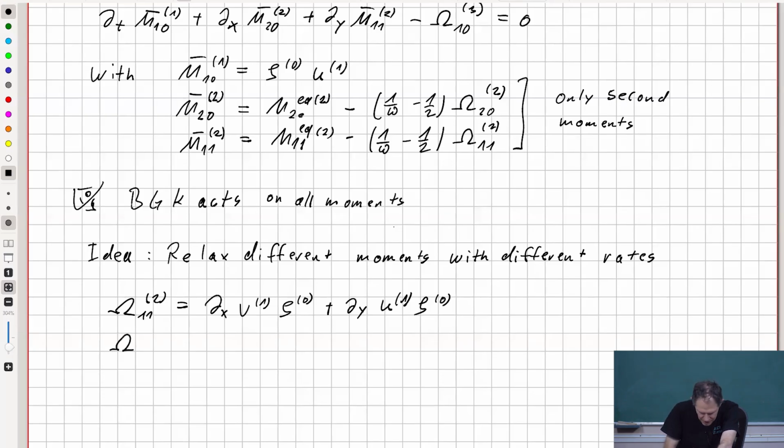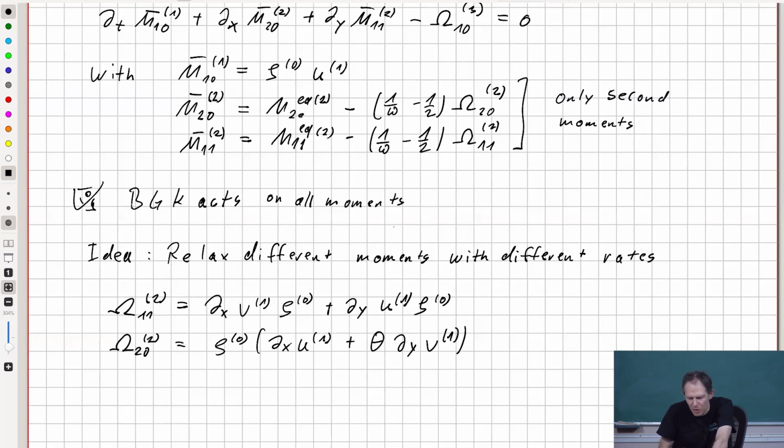Then there was this omega 2 0 to the second order, which can be written as rho to the 0 order, so I keep this outside, dx u to the first order plus theta dy v to the first order, which of course can be written in a different way, because we know that according to our asymptotic expansion analysis, the divergence of u is 0, and here we have a combination of these two.